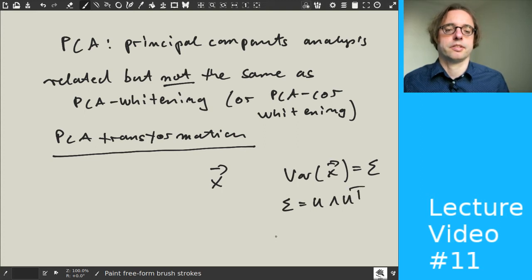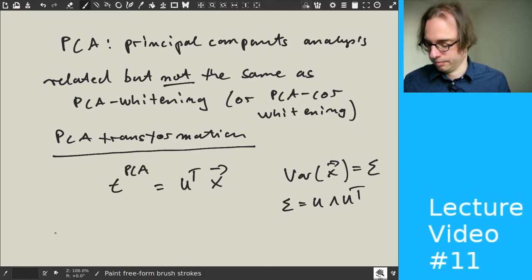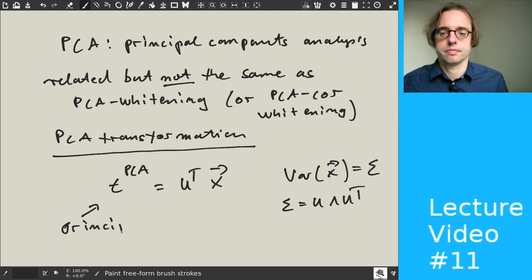That's just the eigenvalue decomposition. And now the PCA transformation is simply U transpose times X, and that's our principal components. They are just transformed variables. So we start with a random vector x, and then it's another random vector, and the components of this transformed random vector are the principal components.